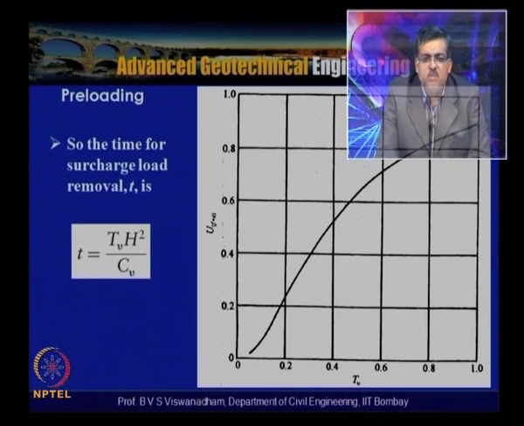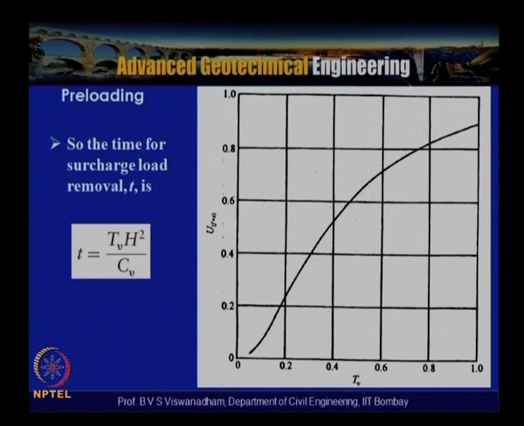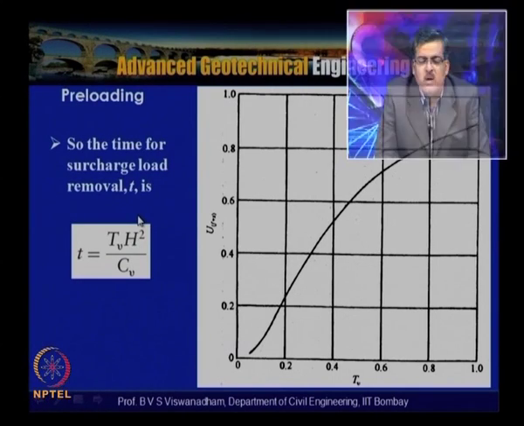As has been told, in order to get the U F plus S, it is required to use this particular chart to determine the time factor. Suppose we need to set a target for completion of the preload in a definite period of time, say 9 months.